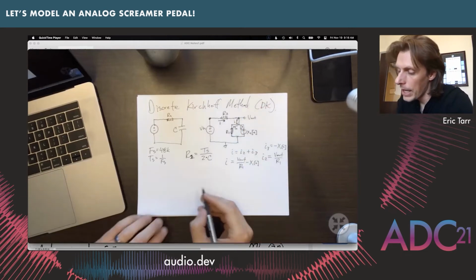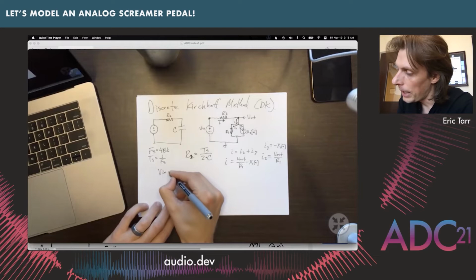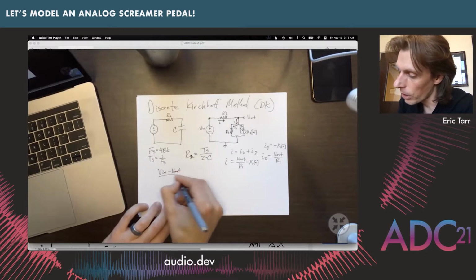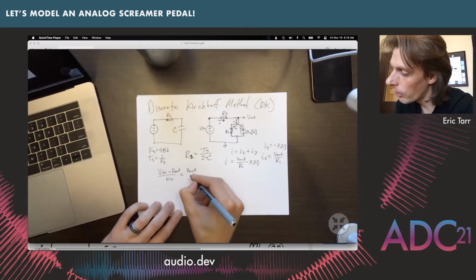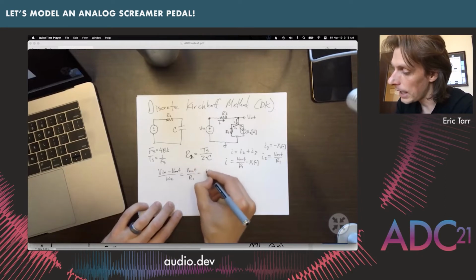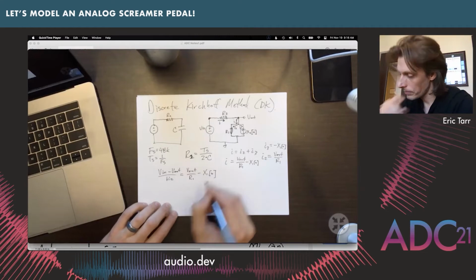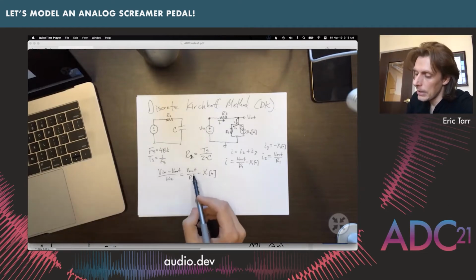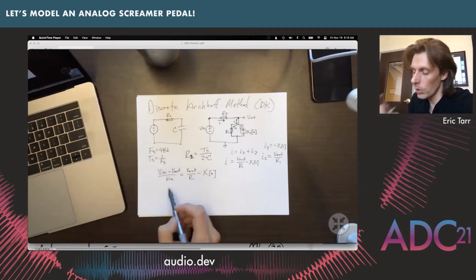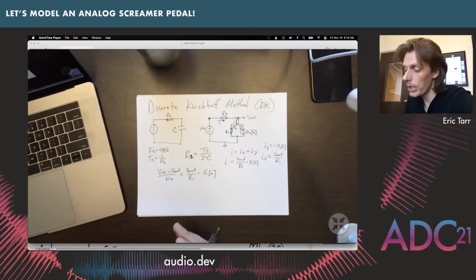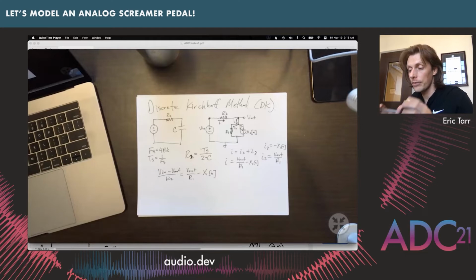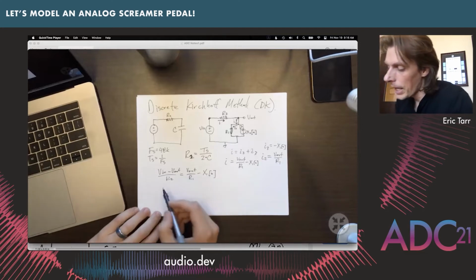So we'll have V in minus V out over R2 is equal to V out over R1 minus X1 of N. And if we rearrange this, we'll solve for V out as a function of V in and X1, which will put it into more of a similar kind of circuit or digital filter sort of form.